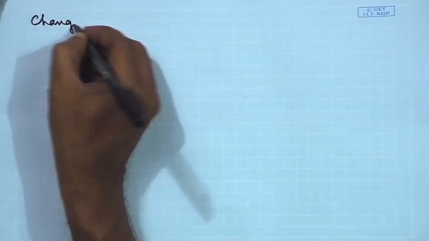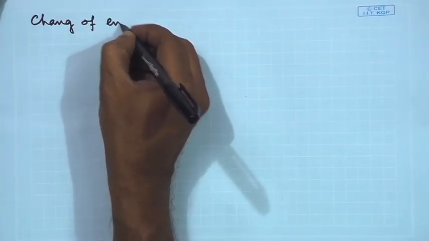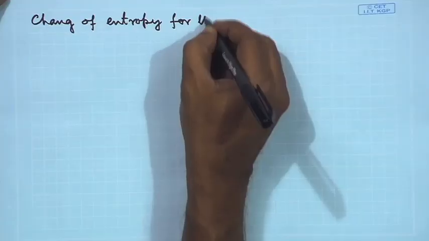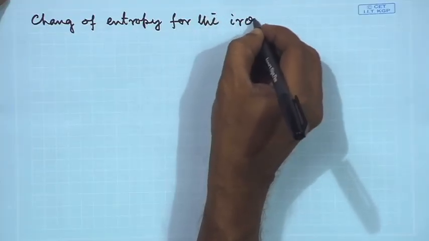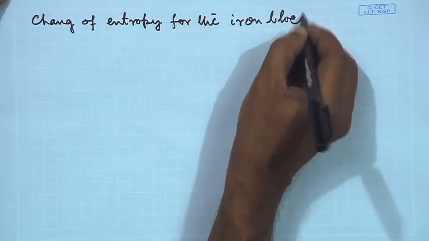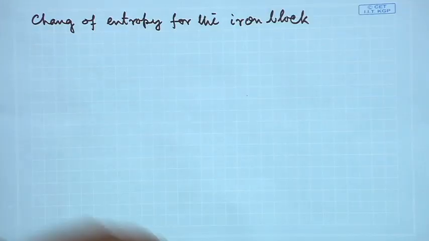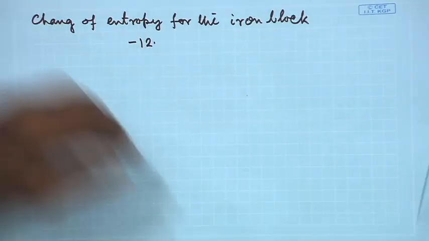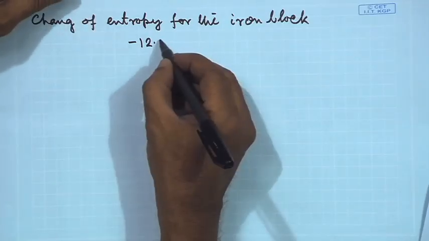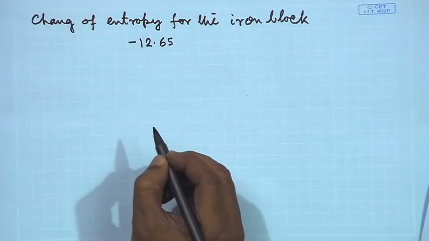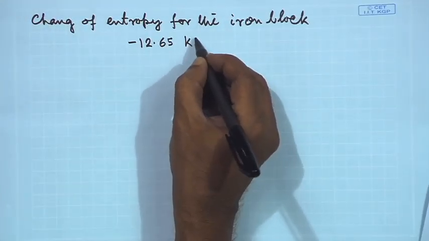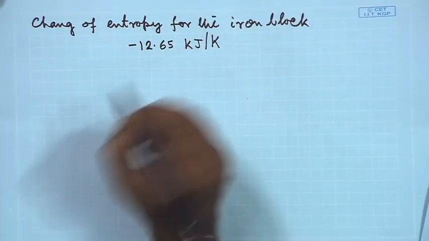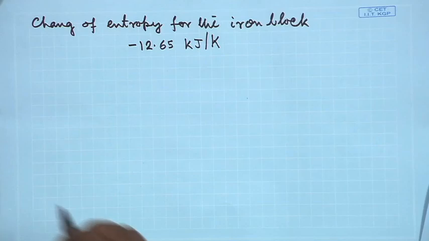Change of entropy for the iron block, that is we have got minus 12.65 kilojoule per Kelvin. This k is a small letter, this K is a capital letter.